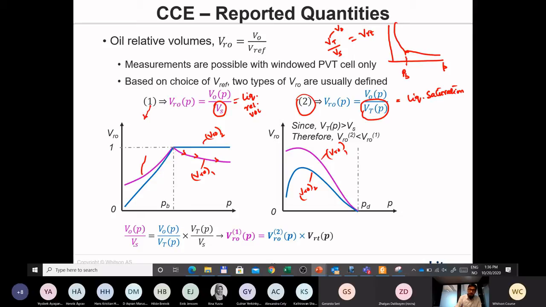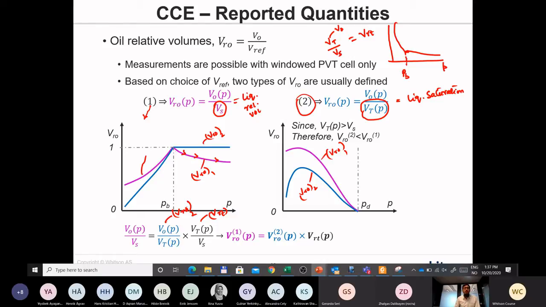VO over VS, that's this VRO1, is simply equal to VO over VT, which is this VRO2, times VT over VS, that's your VRT, the relative total volume. So you can simply calculate this one from the other.